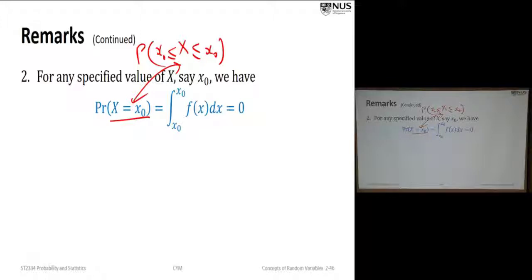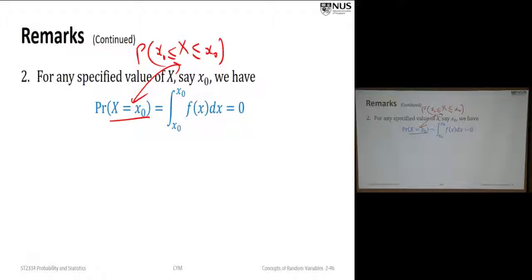Of course they're the same. You're saying that X is bigger or equal to this number, and at the same time, it's also less or equal to this number. It can only happen when X equals X naught. Correct or not? So it's equivalent to integrating from X naught to X naught the same f of X dx. And the answer is 0. Mathematically, it's 0, right?